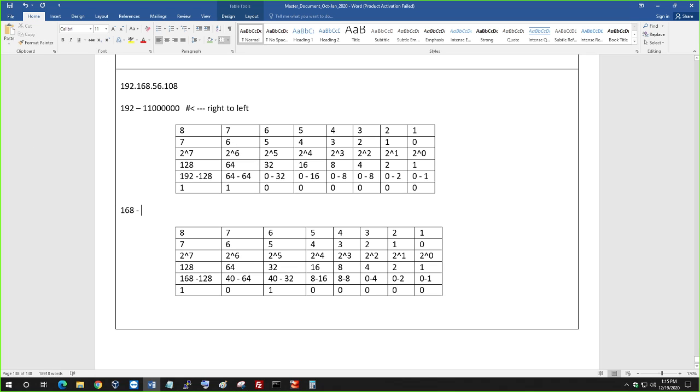Our number here is going to be 1, 0, 1, followed by another 5 zeros. So 168 is this puppy here. Now our next number is 56.